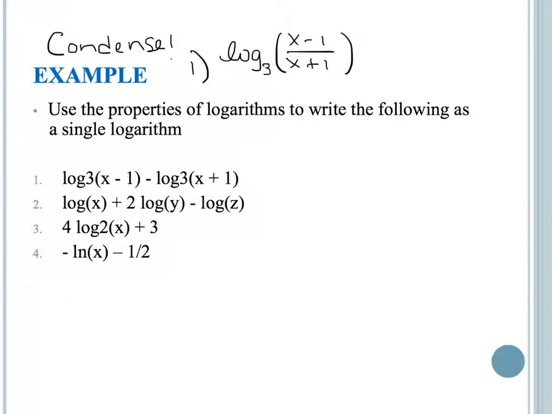That's all common logs. It's logarithm base 10. And then I have x and the 2y. Well, this 2 needs to go up as my exponent. And then my subtraction sign is telling me I need to divide by z.